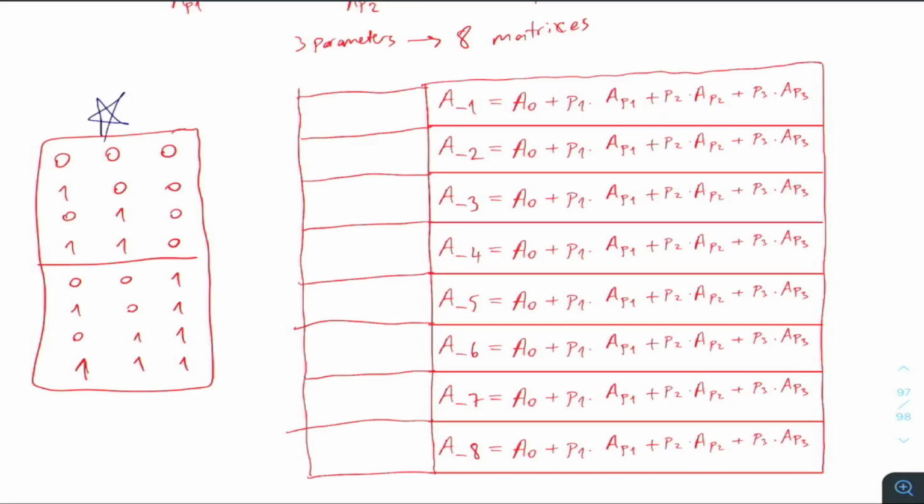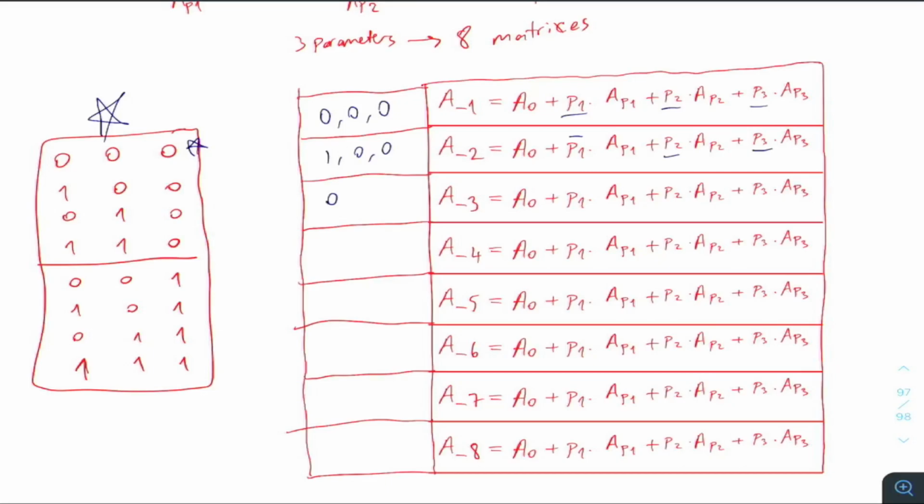For example, what is the first one? 0 0 0, let me write 0 0 0. And 0 0 0 means P1 minimum, P2 minimum, P3 minimum. And 1 0 0 means, in this case, P1 max, P2 min, P3 min. I'm going to do all of them.